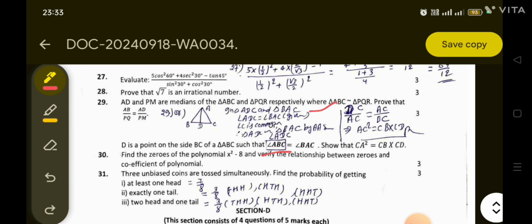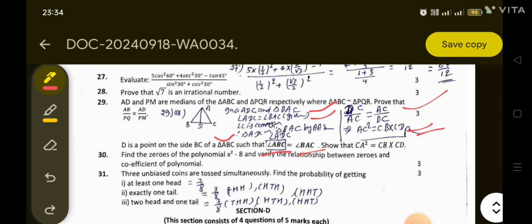Angle ADC equals angle BAC is given, and angle C is common in both triangles. Now the two angles are equal, so triangle ADC is similar to triangle BAC by AA similarity. So their corresponding parts give DC by AC equals AC by BC. Taking the cross multiplication, AC square equals CB times CD. In this way we can prove it, it is very simple.